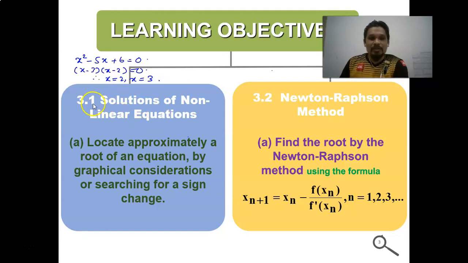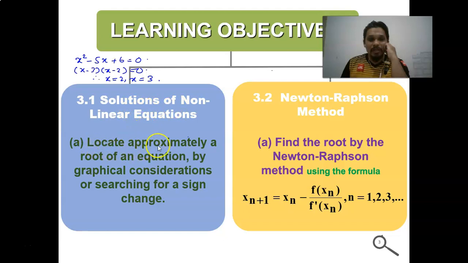Okay, so then 3.1 solution of nonlinear equation. This case is where you cannot find the roots of the equation easily, as I showed you here. Locate a solution of nonlinear equation.